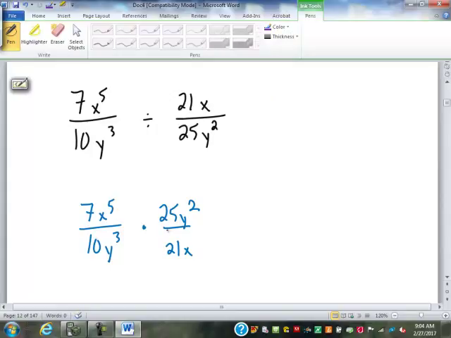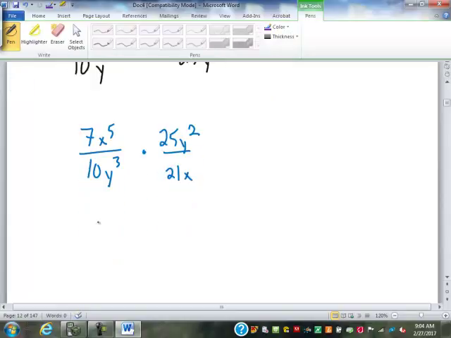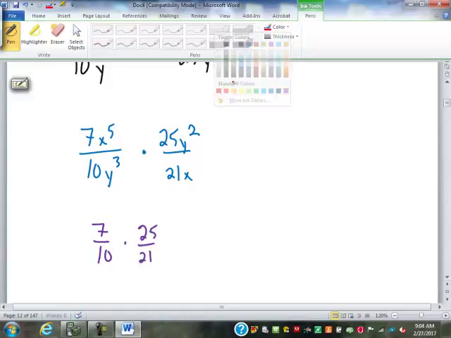Well, now just like our multiplication, I would pull out the numbers. What can I reduce there? Both 7 and 21 divide by 7.